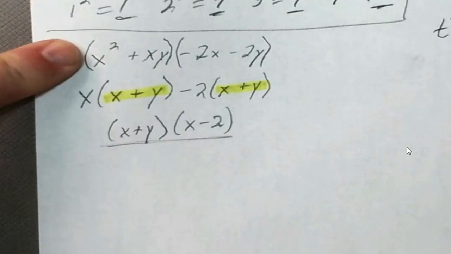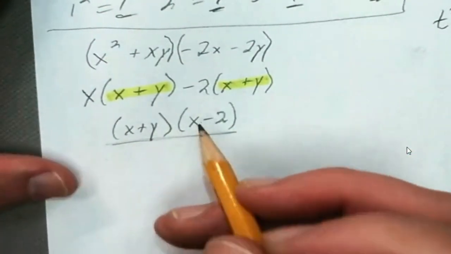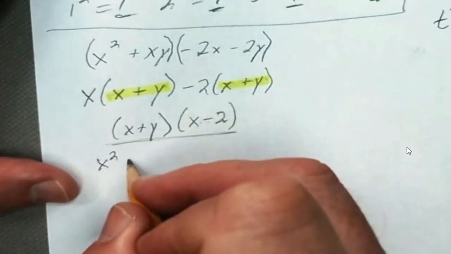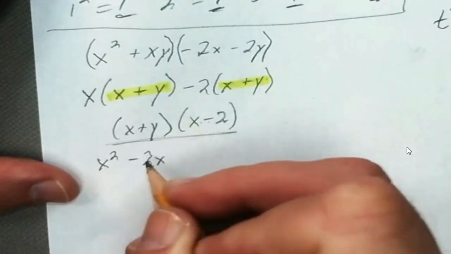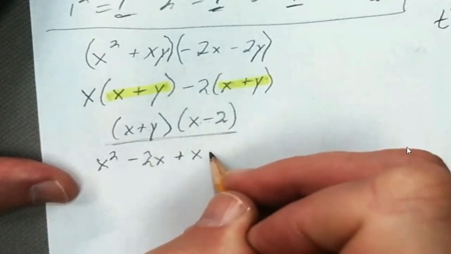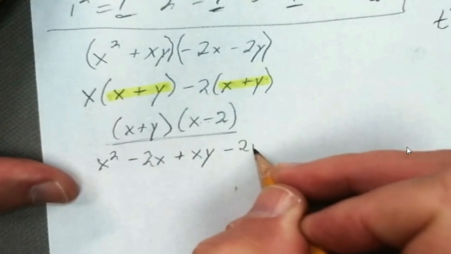You're like, seriously, Mr. Brock? Those are really the factors because let's multiply them back together. X times x is x squared. X times negative 2 is negative 2x. Y times x is generally put in alphabetical order, xy, and y times negative 2 is negative 2y.